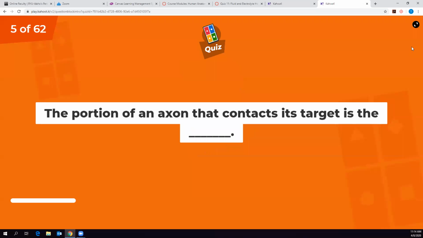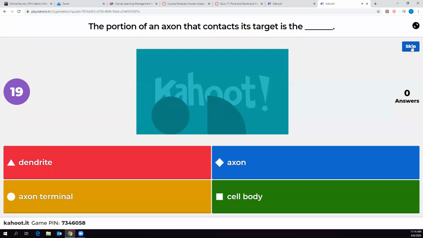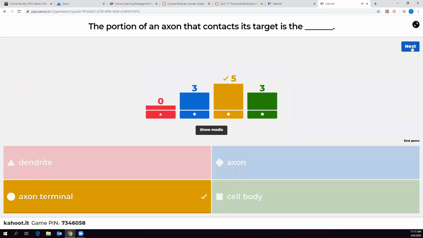All right. The portion of the axon that contacts its target, like a muscle or a gland or another neuron, is the, so what part is going to come to the synapse with its target cell? I guess I should have put what portion of a neuron.